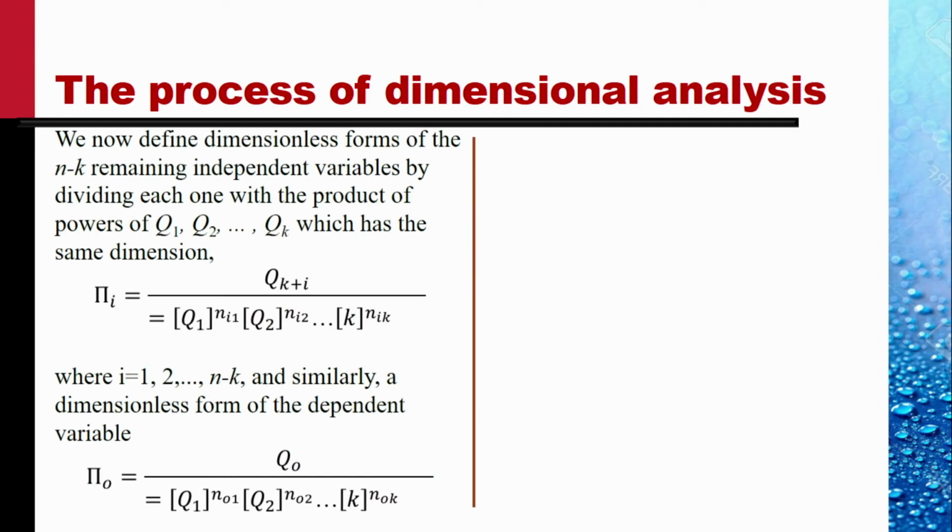So, the next step is defining dimensionless forms of the n minus k remaining independent variables by dividing each one by the product of the powers of Q1, Q2, Qk which has the same dimension. So Qi is Qk plus i divided by the powers of Qki, which was Q1 raised to power ni1, Q2 raised to power ni2, and Qk raised to power nik.